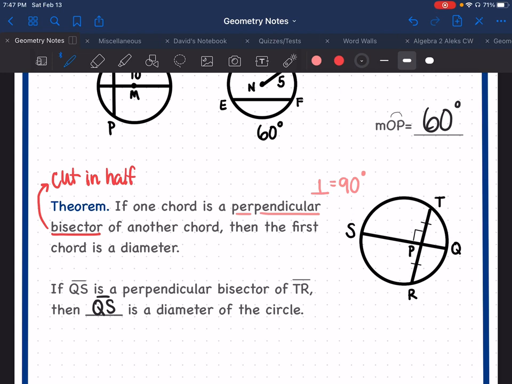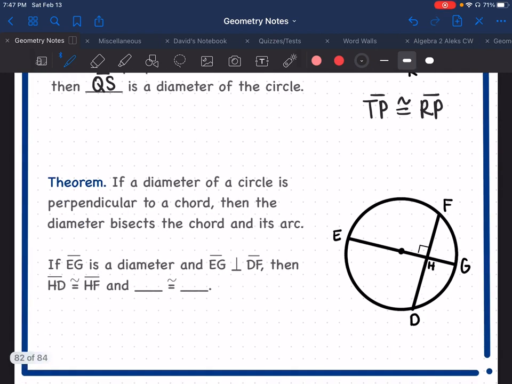Since we have our 90 degrees right here, and we see that these two are congruent, that makes QS the diameter. What we also know from this picture is, of course, that TP is congruent to RP. We know that as well from the bisector.